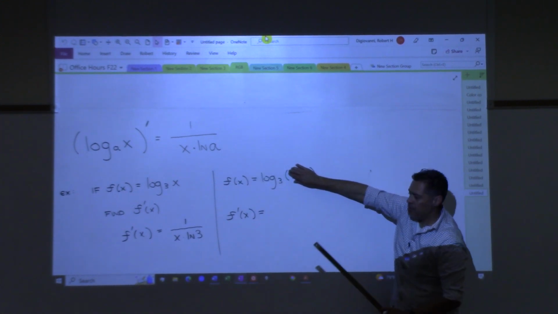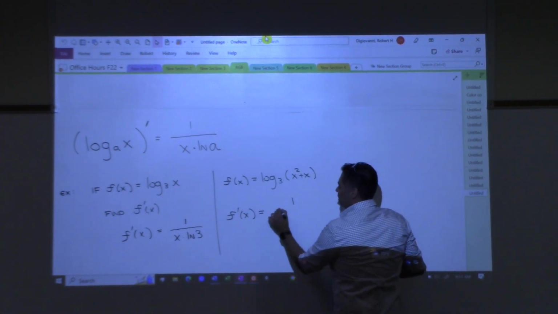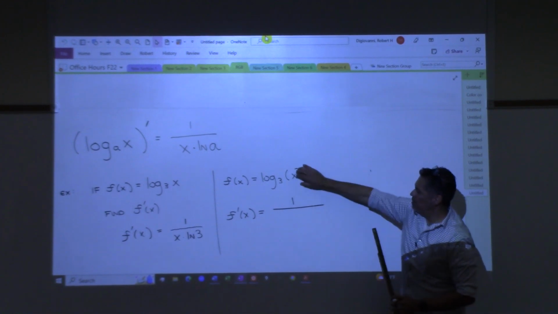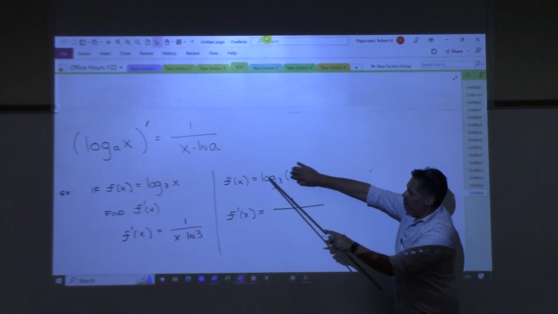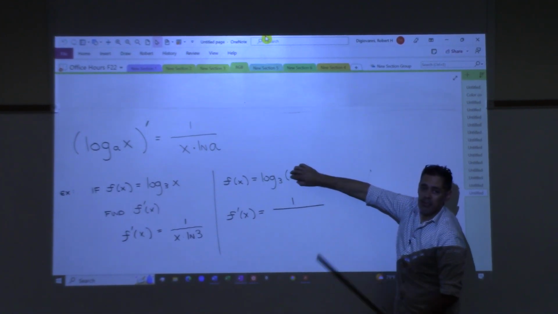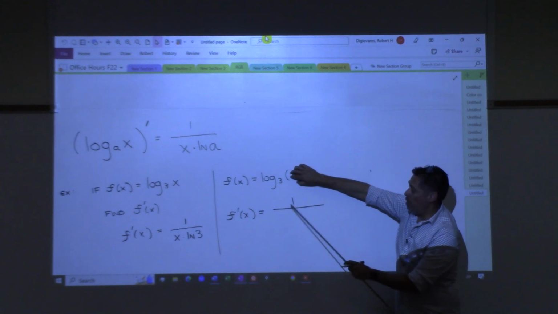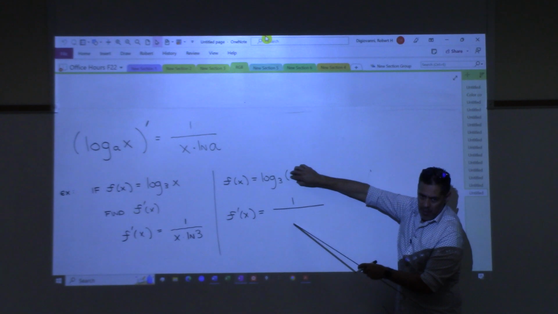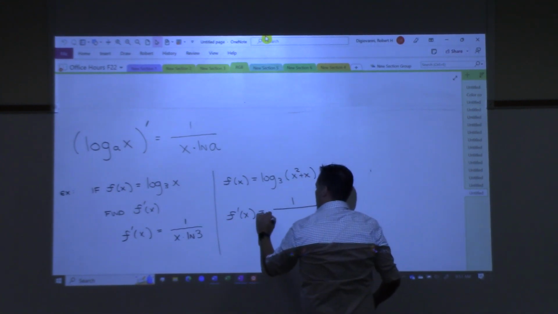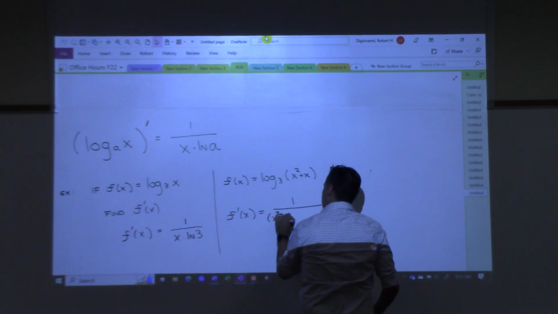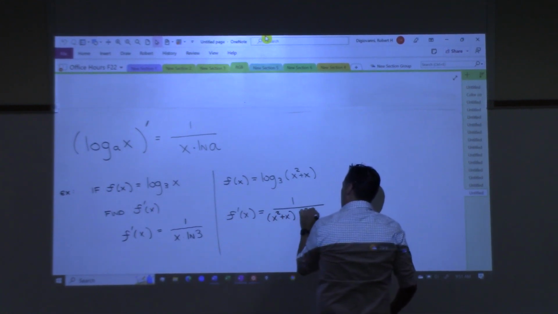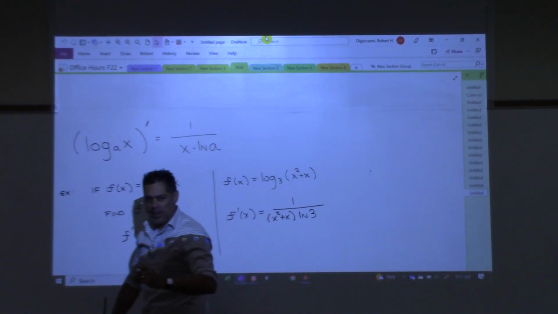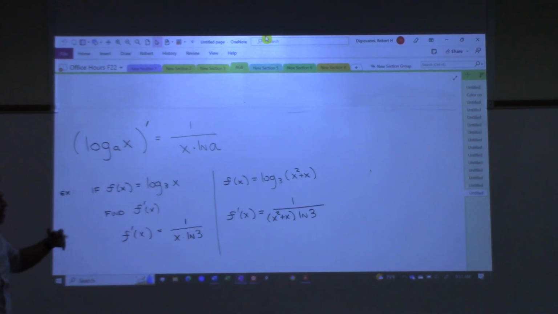Follow that formula: 1 over my hand, natural log of 3. So it'll be 1 over, in parentheses, x squared plus x, then natural log 3. It's the same chain rule we've been doing, but now we have a new derivative formula to use with it.